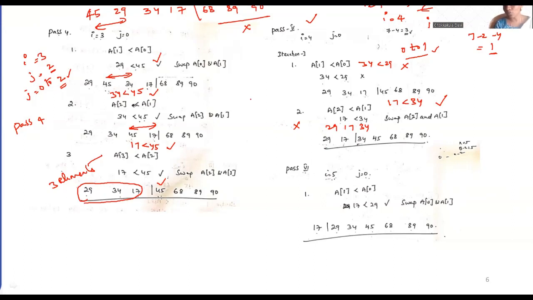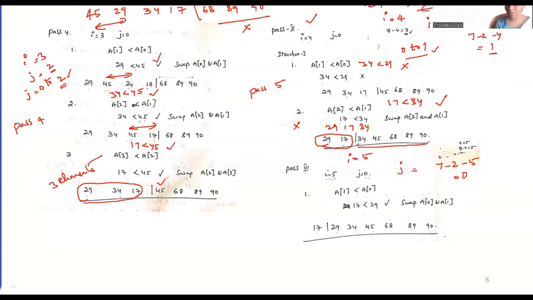Now you can see after pass 5 is completed, the last 5 elements will be in a correct position. So for the next pass, we are going to take these two elements. Now i gets incremented and it becomes 5. And j is going to run up to 7 minus 2 minus 5, which is nothing but 0 only, right?